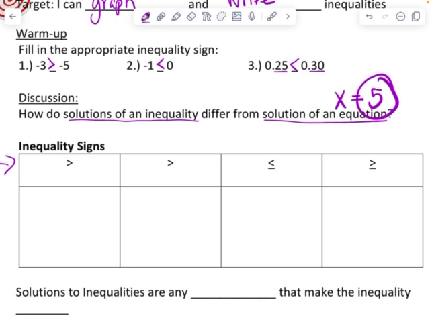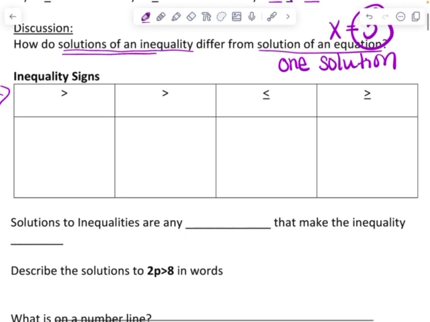And 5 would be the only value we could plug into whatever equation in order to make it a true statement. Okay, so solutions of an equation, there's typically one solution. And so we'll talk about solutions of an inequality here soon, but think about solutions of an equation have one solution. Solutions of an inequality may have many.